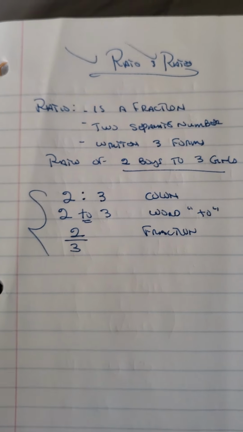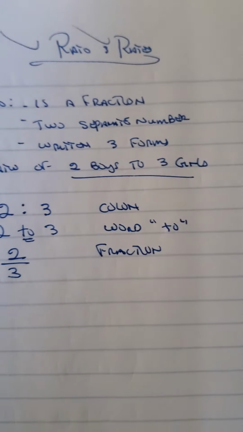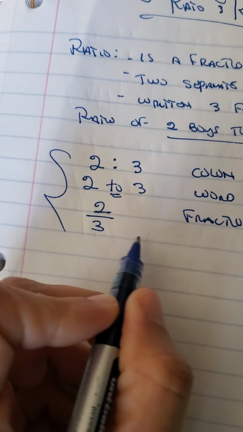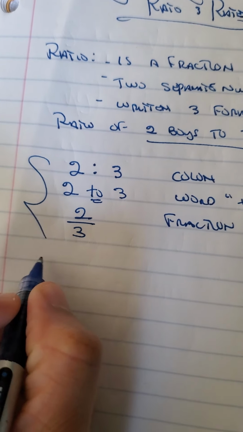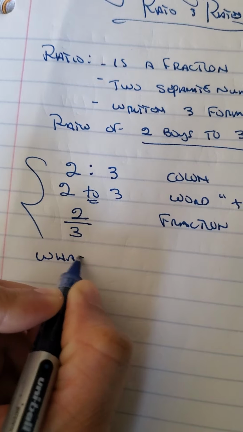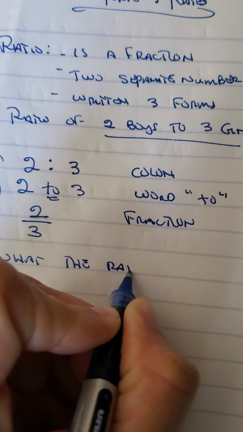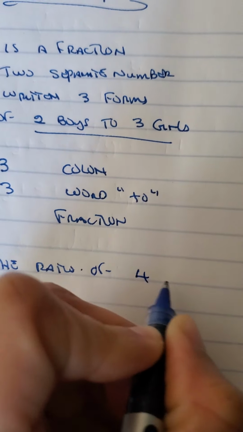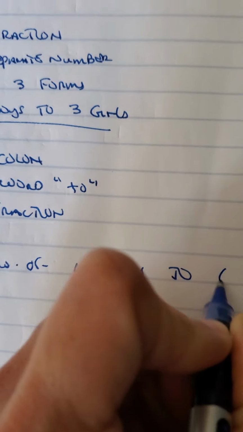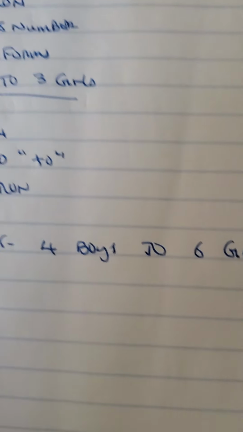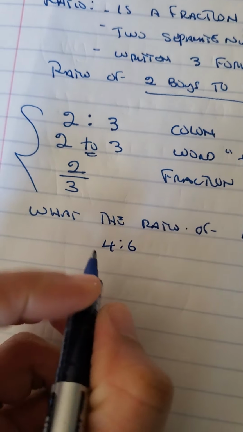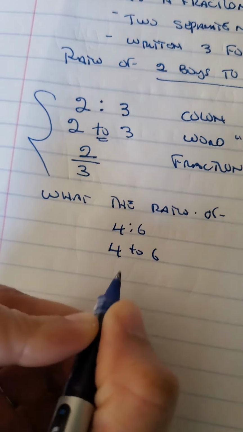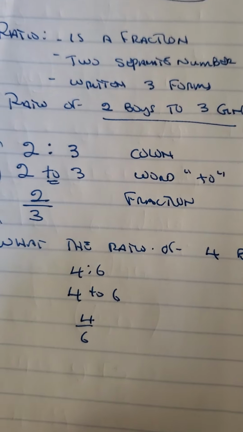So these are the three ways it presents itself. But what they don't tell you really is that the best form to start off your ratio in is a fraction form. So if I said, what's the ratio of 4 boys to 6 girls? You necessarily won't have the option to say 4:6 or 4/6, because what we need to remember, the first thing, is that a ratio is a fraction.